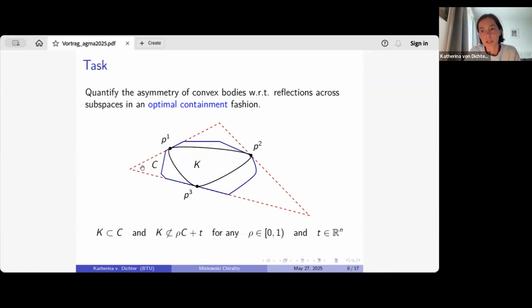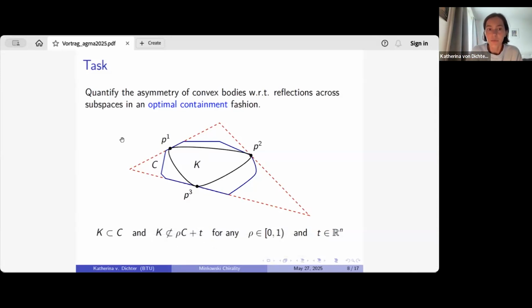Best possible containment of two sets, which is also called the optimal containment, can be seen as follows: we have the bodies K and C, such that K is contained in C, and also K is not completely contained in any scaling of C by any smaller factor ρ. This optimal containment can be described by the touching point between those two sets.